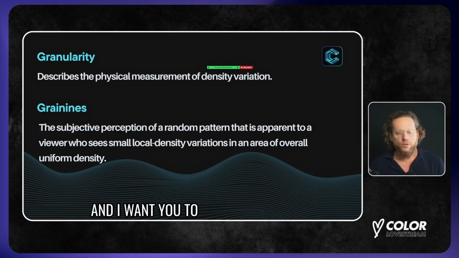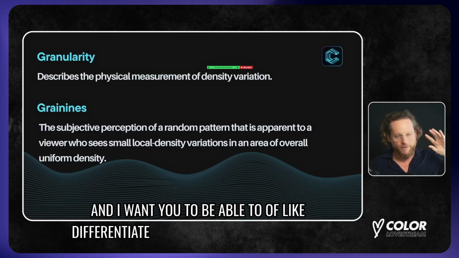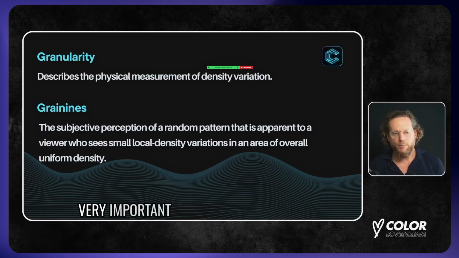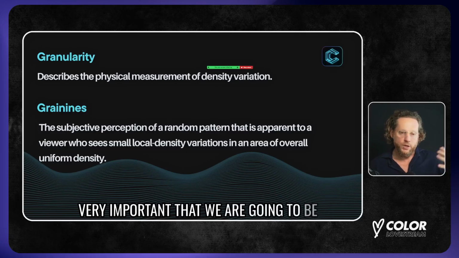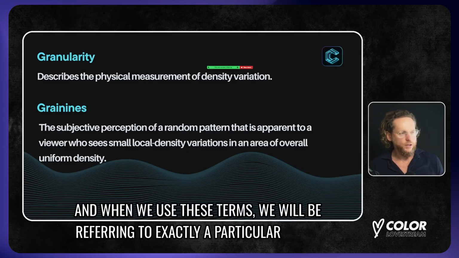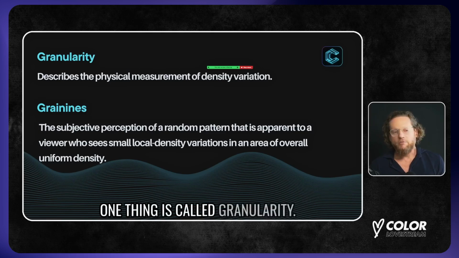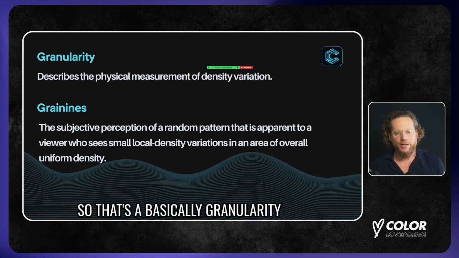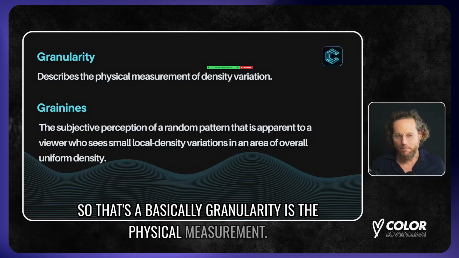I want you to be able to differentiate between two very important terms that we are going to be using, and when we use these terms, we will be referring to exactly a particular thing. One is called granularity. Granularity is the physical measurement.